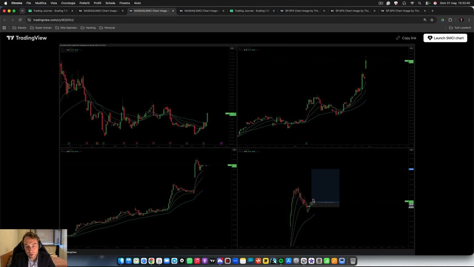I just moved to break even here because it was 1-to-1, and then we had 3 candles. So basically in a lower time frame we had 1 or 2 breaks of structure. It depends on how you see them, but it was 1 or 2 breaks of structure.